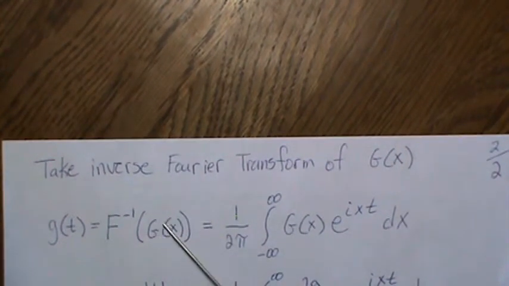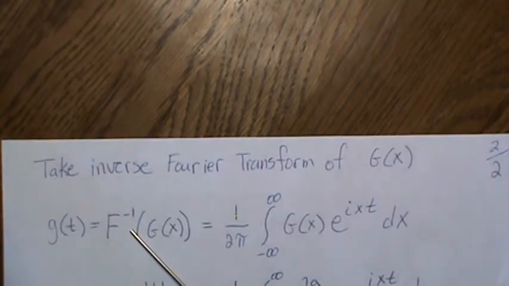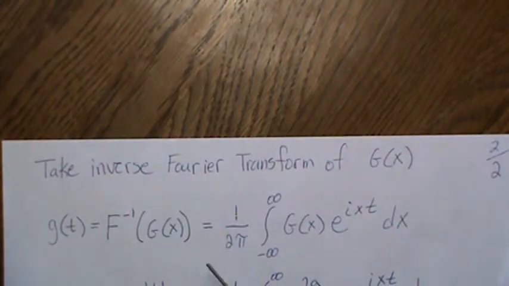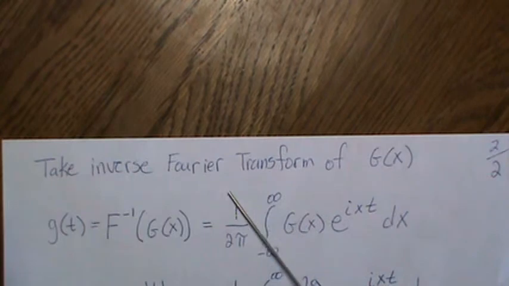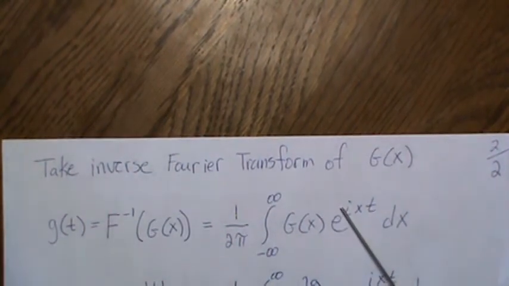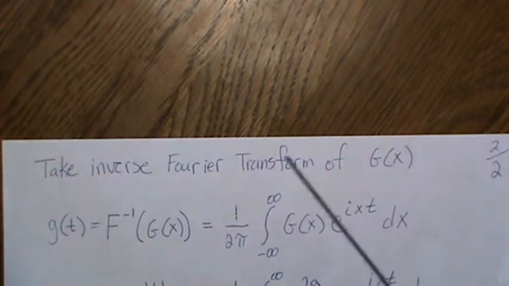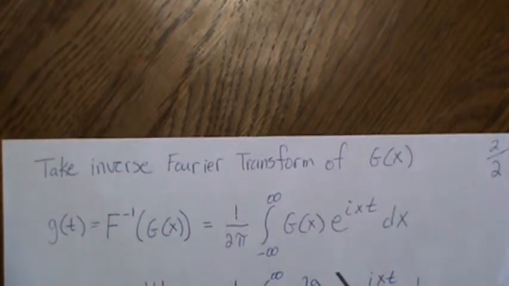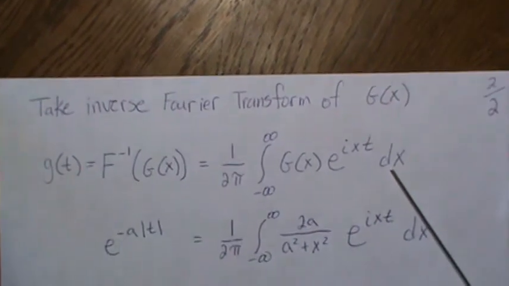So we put in g of x and take the inverse Fourier transform, which in the previous video was this, but notice that it's not negative i, and that's because we used negative i in our Fourier transform. We have to use the opposite here, the complex conjugate. So now let's evaluate this.